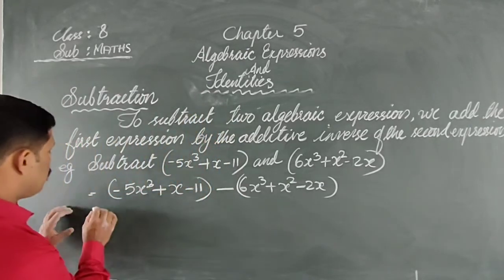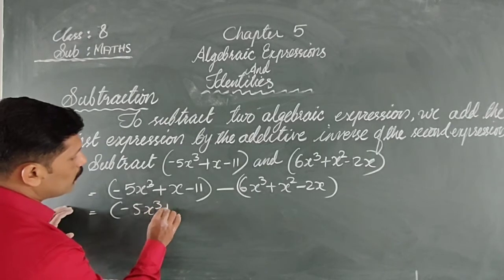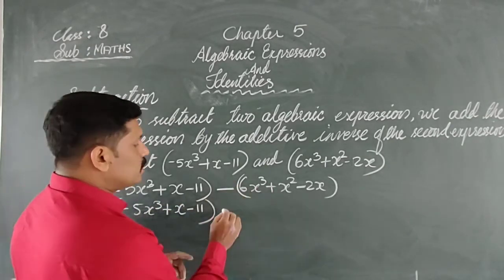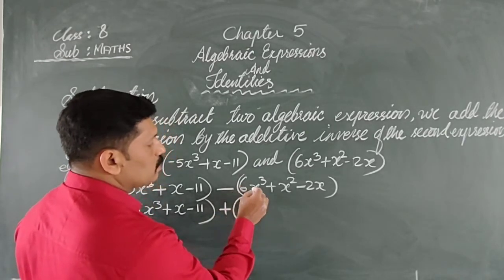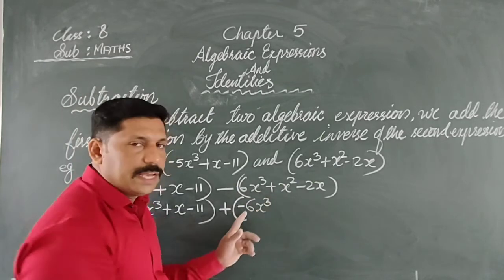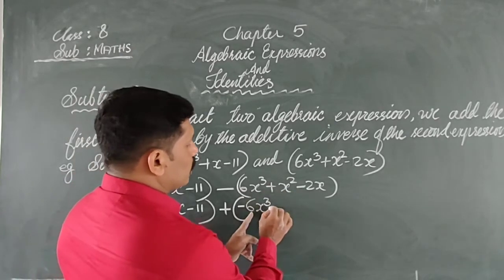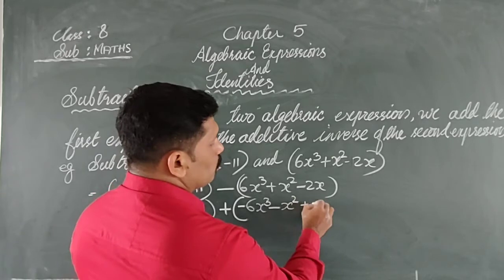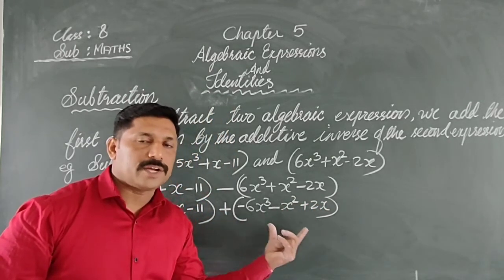So first I write negative 5x³ plus x minus 11, and the subtraction changes to addition with the additive inverse. This positive 6x³ changes to negative 6x³, this positive x² changes to negative x², and this negative 2x changes to positive 2x. So now we have taken the additive inverse of the second expression.